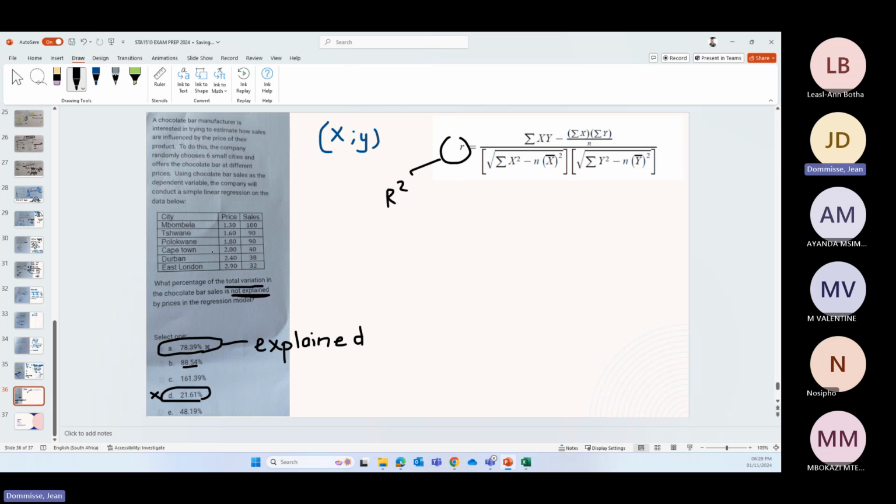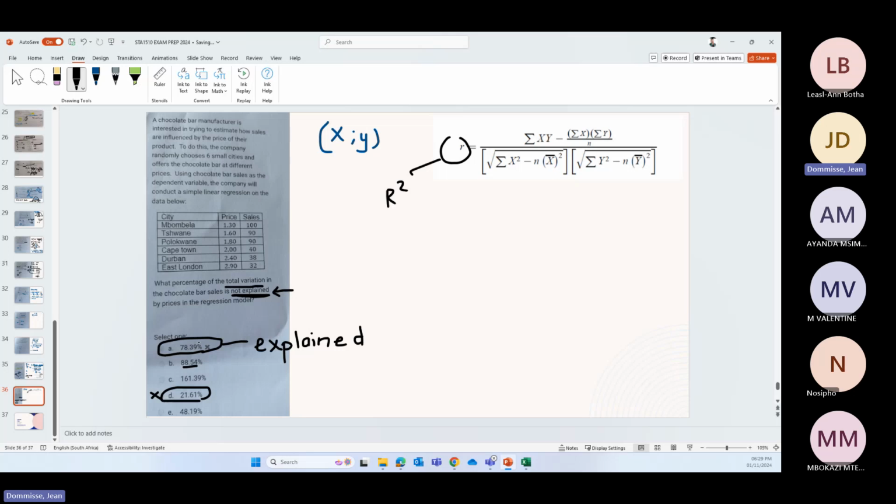I would have looked at this. I would have gone for total variation. I did not even read that component at all. So I would have put those numbers in my calculator. I would also have gotten to 78,39, and not reading that, not explained.